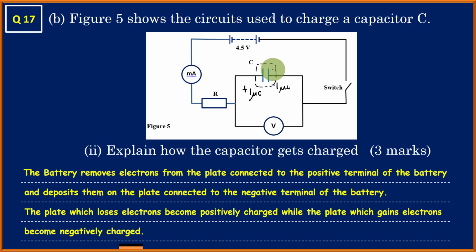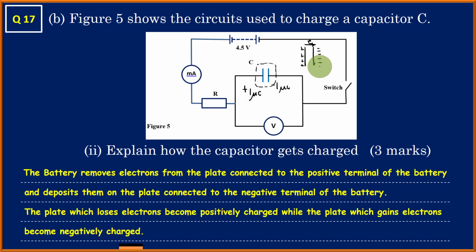So although we talk about a capacitor getting charged, it does not mean that it's going to have a certain net charge. All it means is that the charges have been separated. Electrons have moved from one plate to the other. So if we have 5 electrons on this plate, it left 5 positives on the other plate.